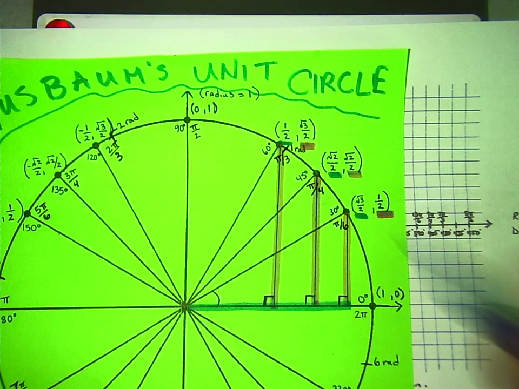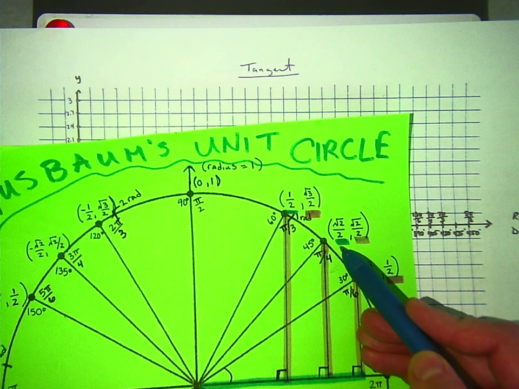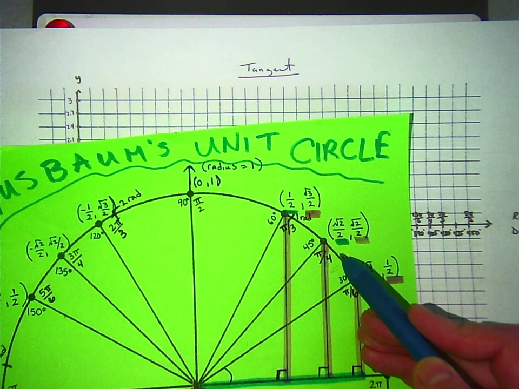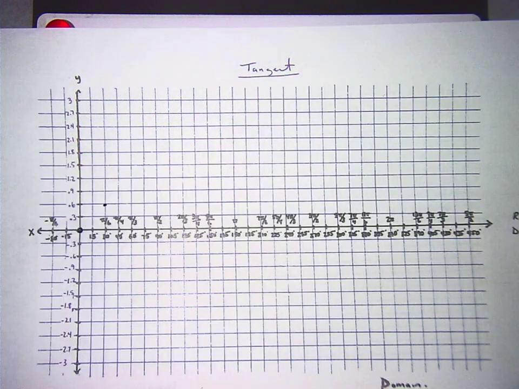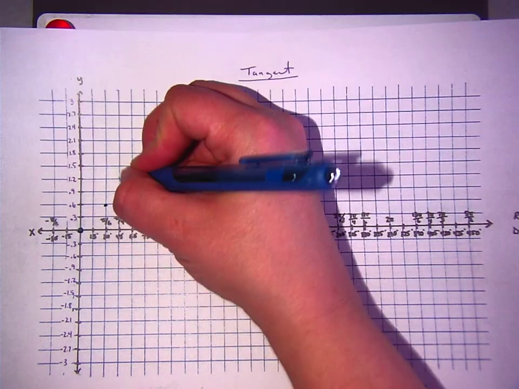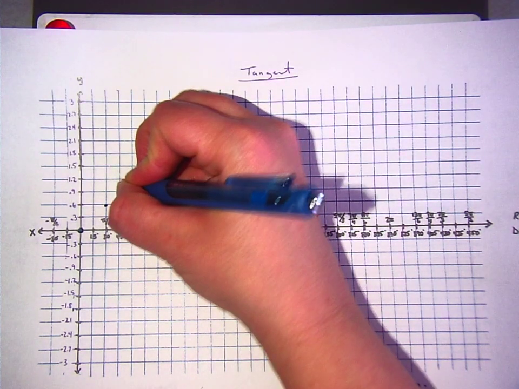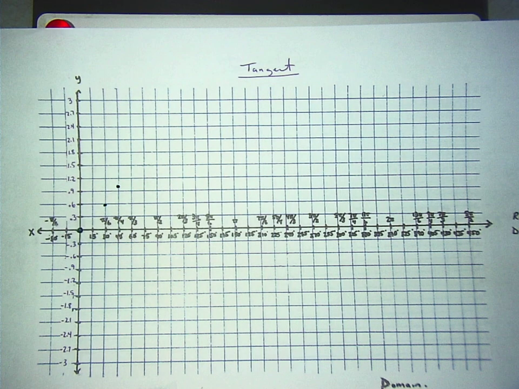45 degrees. The square root of 2 over 2 divided by the square root of 2 over 2. They're the same thing on the top and the bottom. That's just 1. 60 degrees.